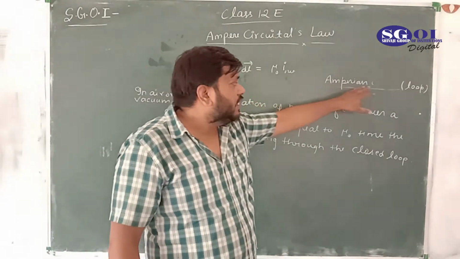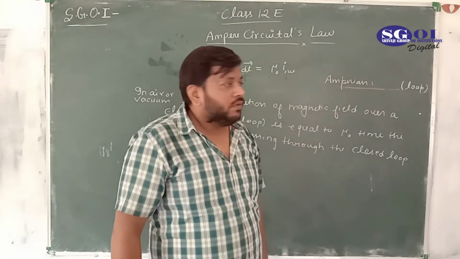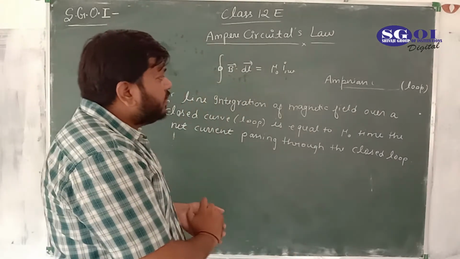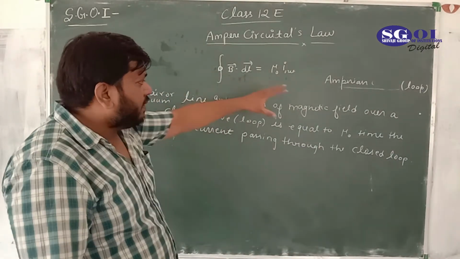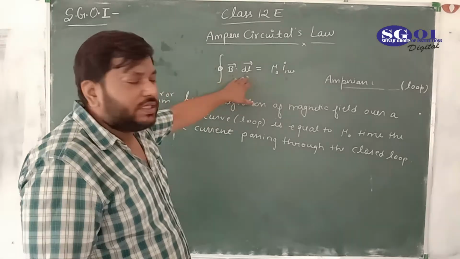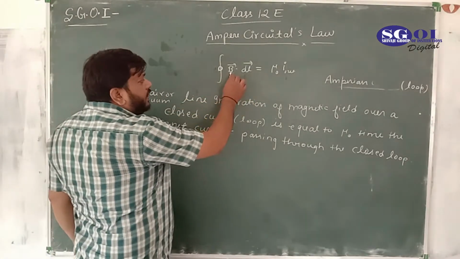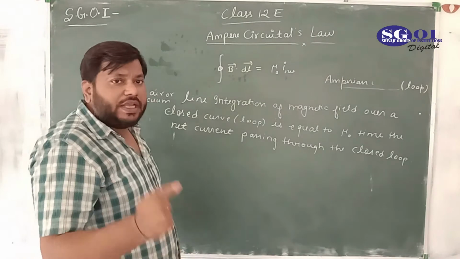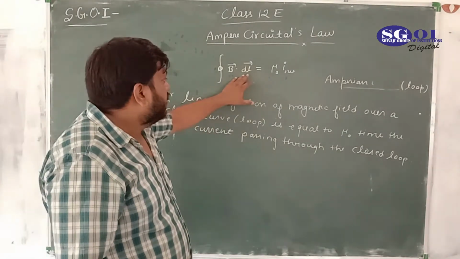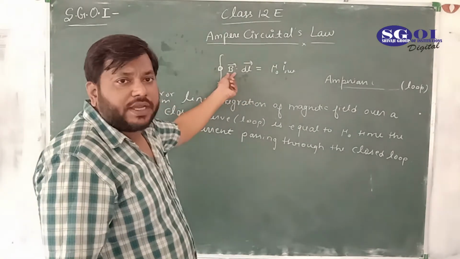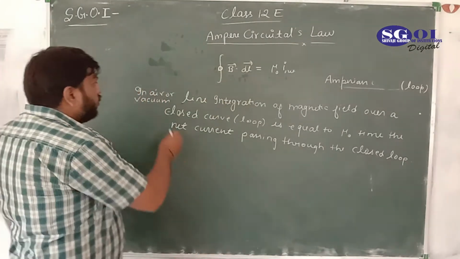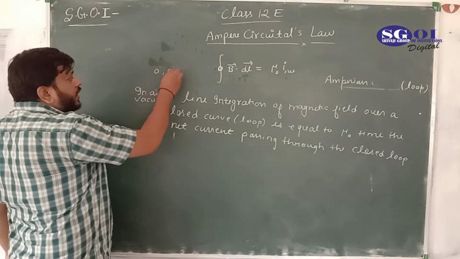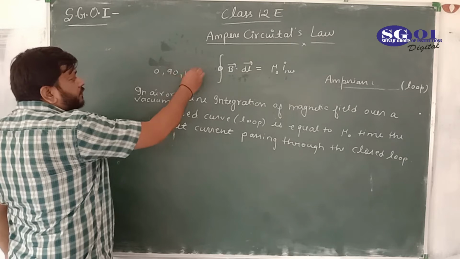That's why we take an Amperian loop. The property of the Amperian loop, because of this integration, should be that the angle between the length element and the magnetic field is either 0, 90 or 180 degrees.